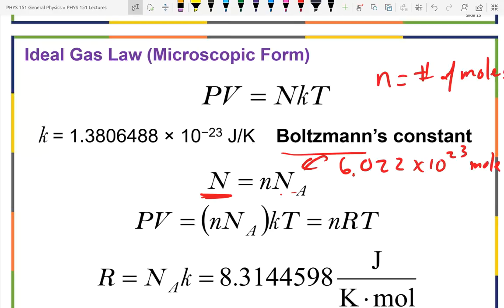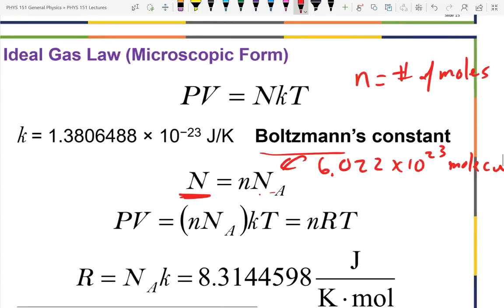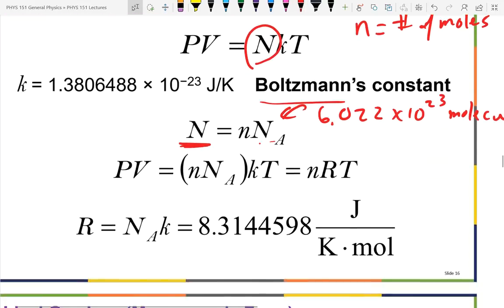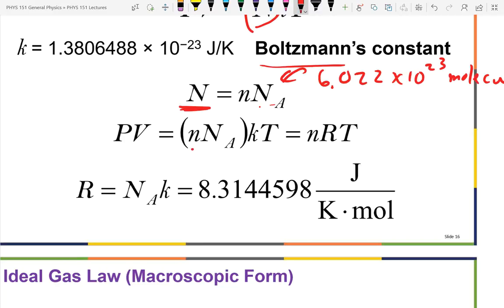And so since capital N, the number of molecules, is the number of moles times Avogadro's number, we just substitute that in for the N right here. And we get PV equals the number of moles times N_A k, Avogadro's number times k.